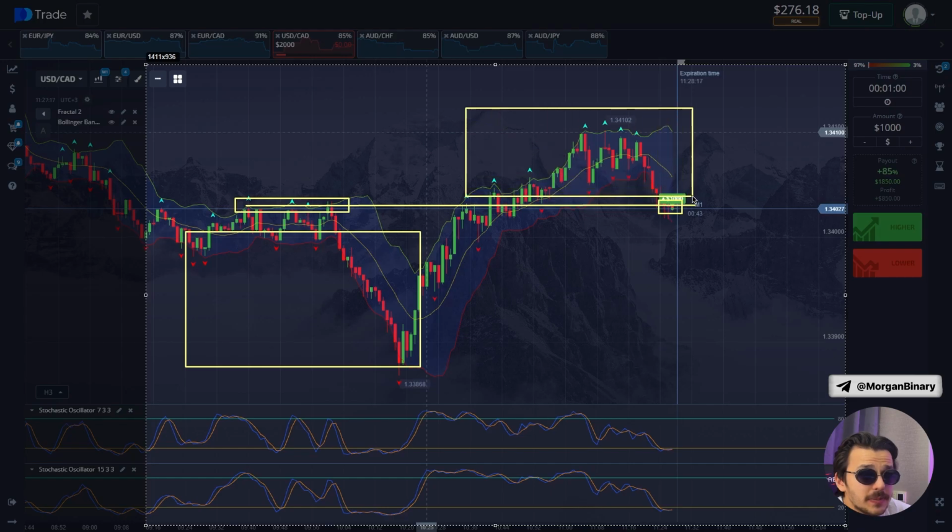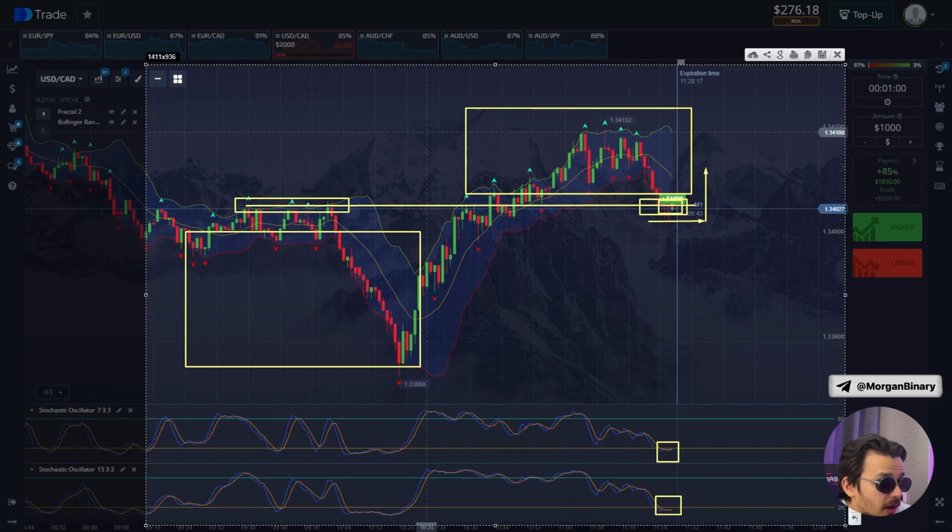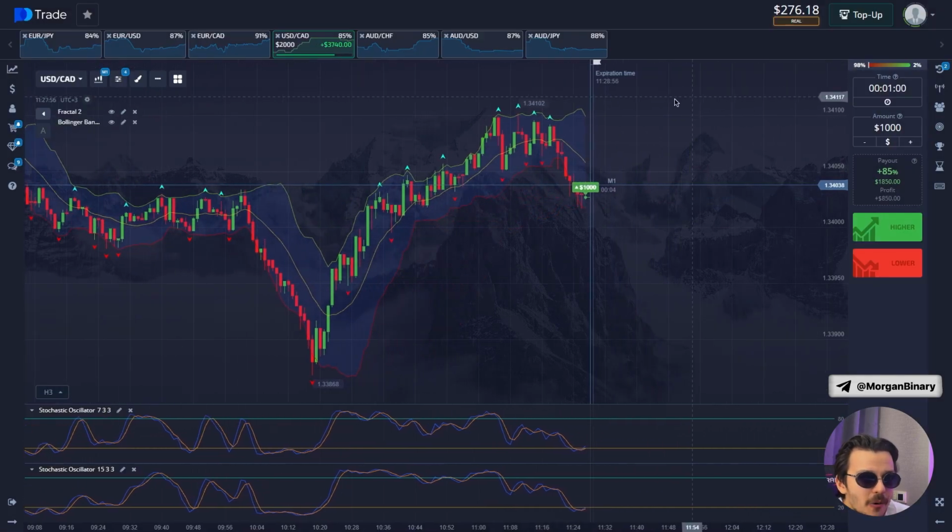But for this price corridor, this area is a support area. And we will play from this. And we also certainly see the exit from the oversold area, according to our stochastics. So, let's watch the result of our trades.